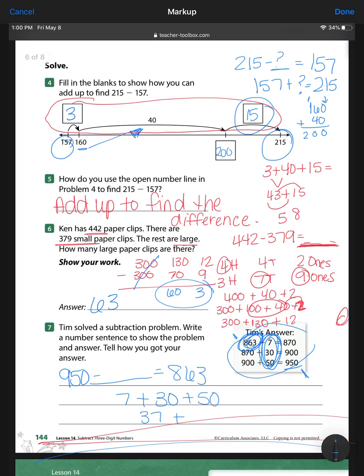So 7 and 30 is 37 plus 50 equals 87. So 950 minus 87 equals 863. And we got our answer because we know that 950 was the largest number and that all the numbers on the inside are what he subtracted, and 863 is the small number that he found.